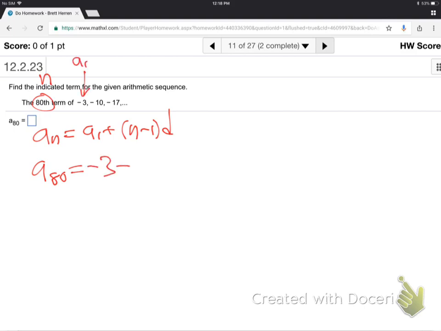That's the negative 3. That means first term. What's the n? It's 80. And what's the d? What's the difference from term to term? Minus 7, minus 7. That's the d. We good like that?